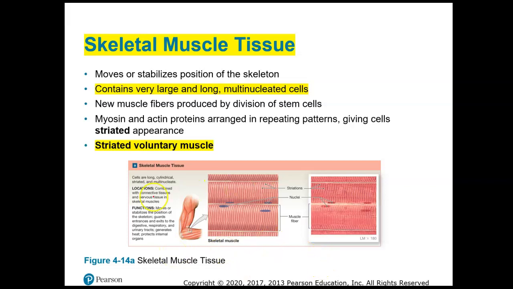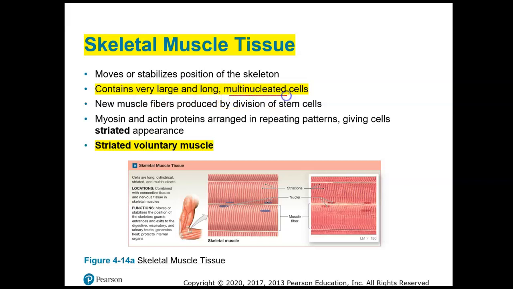Skeletal muscle tissue is found within our skeletal muscles, of course, like the ones that we exercise when we go to the gym. This is showing you some muscles of the forearm, and you can also see the bicep muscles, the triceps, the deltoid, but that's skeletal muscle. And you need to know that the muscle cells or muscle fibers are very large and long, and they're multinucleated.